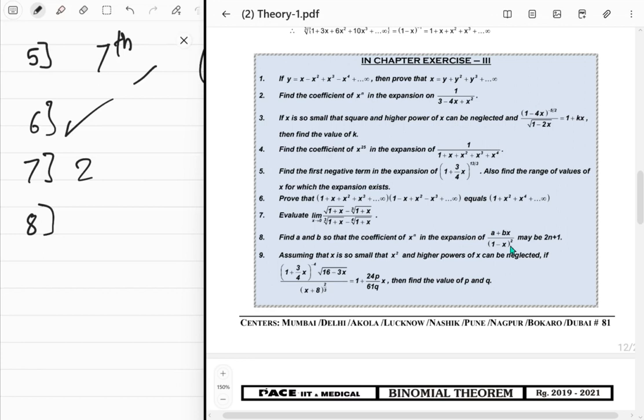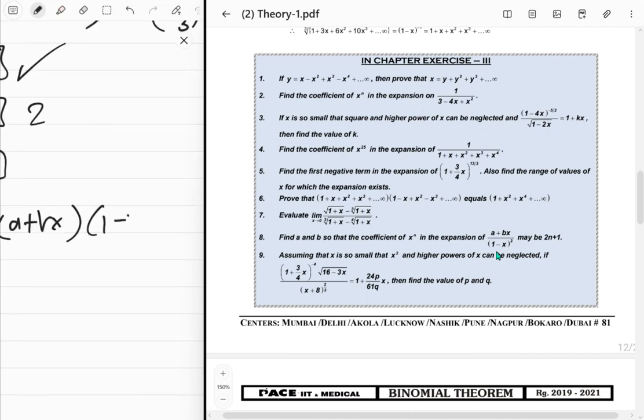I mean, actually it's not so good. The usual way of just doing a plus b and fine, let's just do it. Okay, whatever. It's got a plus bx, then you got 1 minus x power negative 2, right? X power n, right? Actually 2n plus 1, okay?